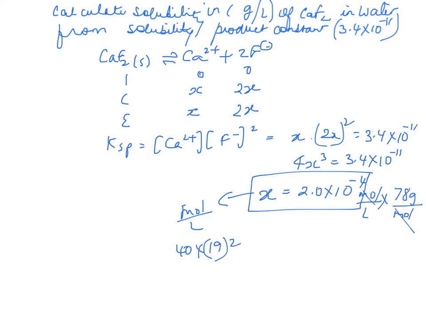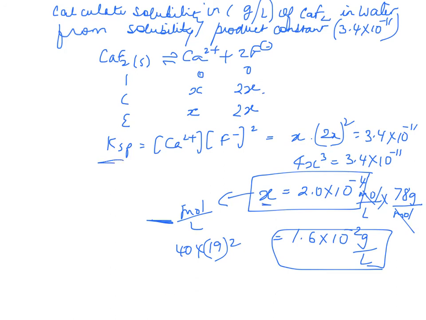So when you multiply, the value comes out to be 1.6 times 10 to the negative 2 grams per liter of the CaF2. You can, if you want to, do a quick check once you have the moles per liter, and that's the value of X. Just get the 2X and try to calculate the Ksp and see if you're getting the same number or not, just to make sure that your math is fine.